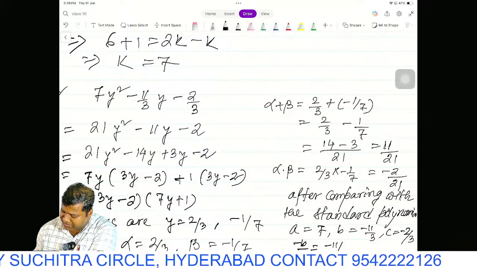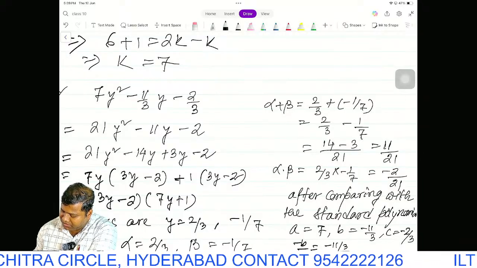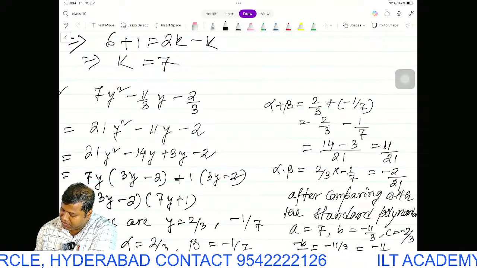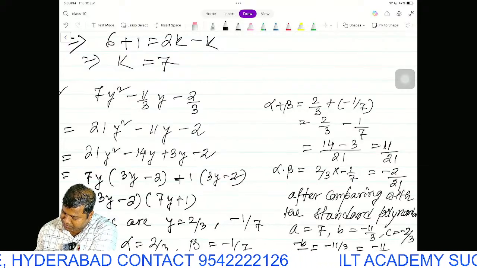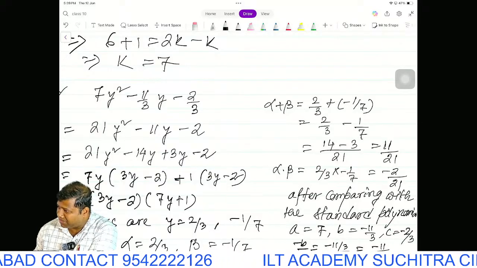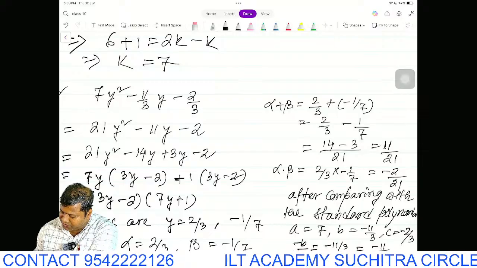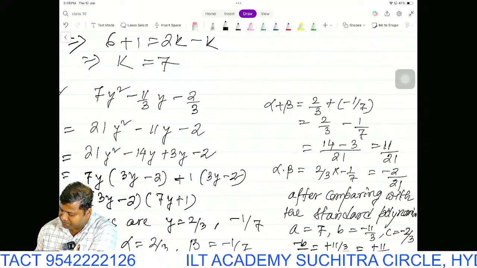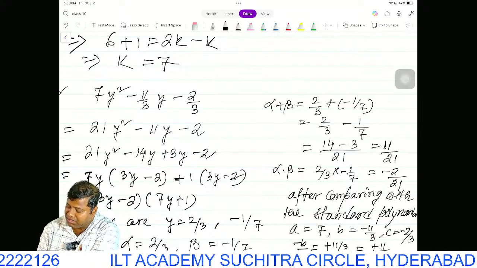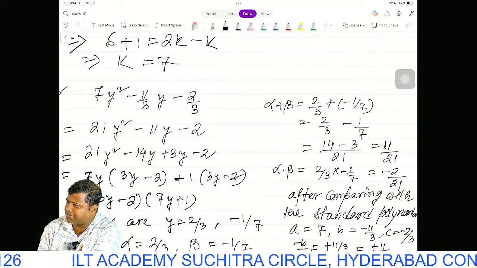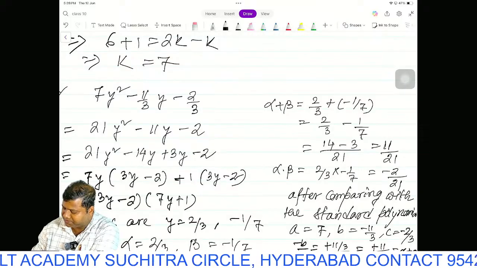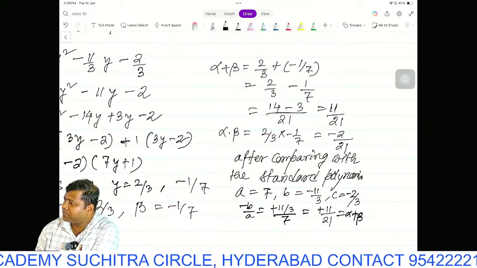Now what is the value of minus b by a by using this a, b and c? That is minus 11 by 3 by 7, which is none other than minus 11 by 21, which is nothing but, sorry my bad, b we got as minus 11 by 3, so minus of minus b is plus, so this is 11 by 21. Now 11 by 21, that we got as alpha plus beta. So you write alpha plus beta. Okay.